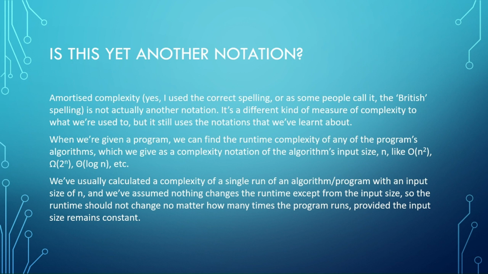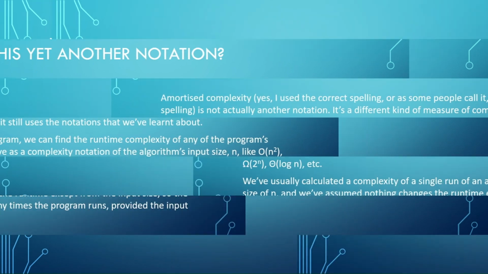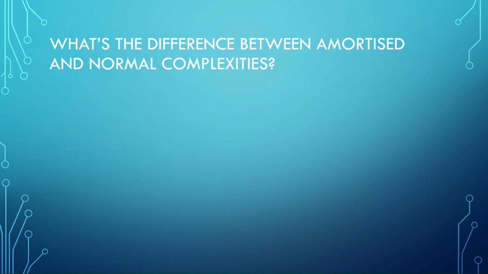So the runtime should not change no matter how many times the program runs, provided the input size remains constant. Of course we're ignoring the number of cores, the programming language we're using, etc. So what's the difference between amortized and normal complexities?